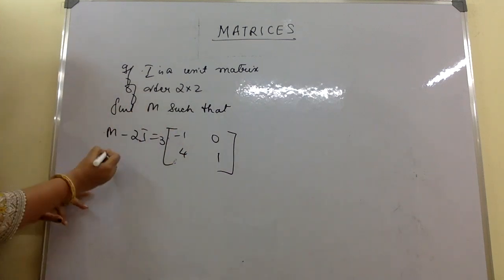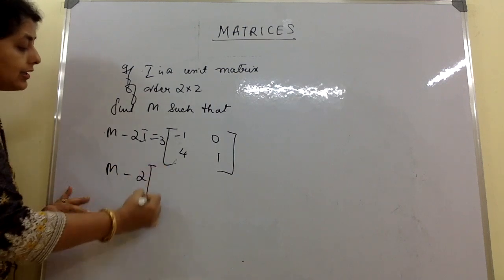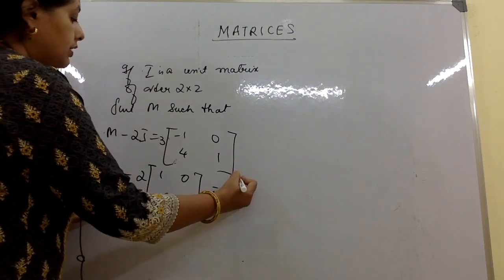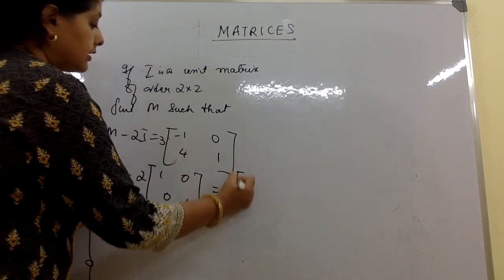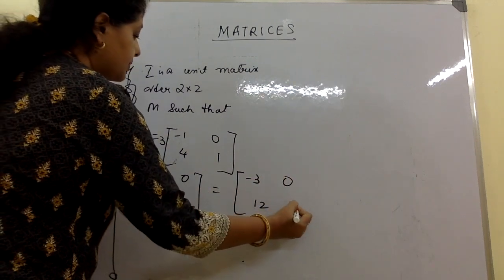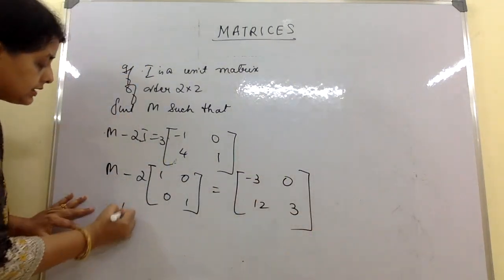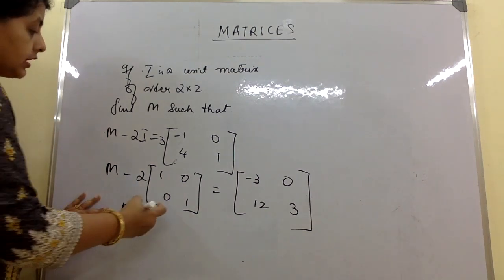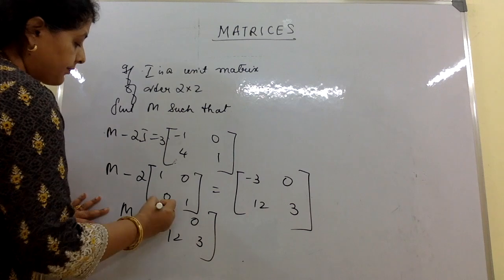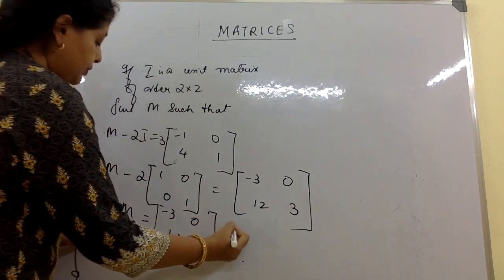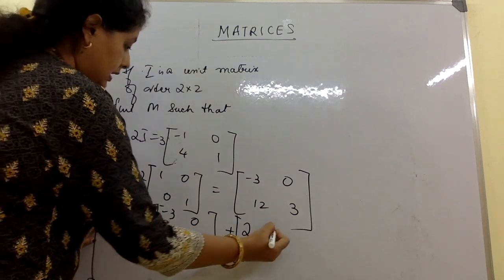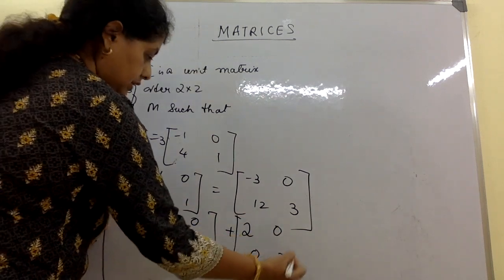Now what we do here is M minus 2, and let's write I. See, unit matrix 2 by 2 I have written. Okay, now I'll multiply this and get this side also ready. So we'll try to do the sums in minimum number of steps. So this is M is equal to, okay, how much? Minus 3, 0, 12 and 3, and here this is plus 2, I am multiplying now, okay, and 0 and 0 and 2.